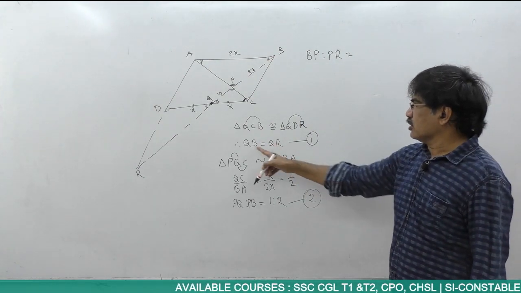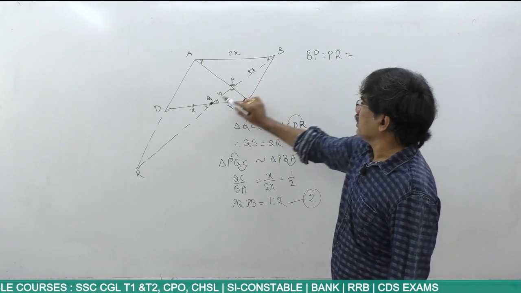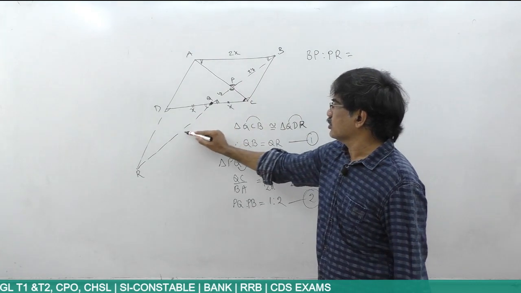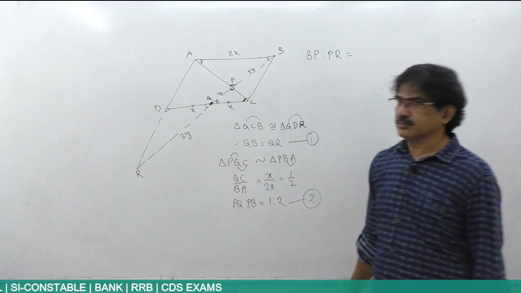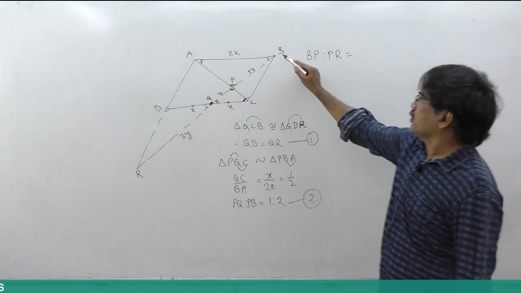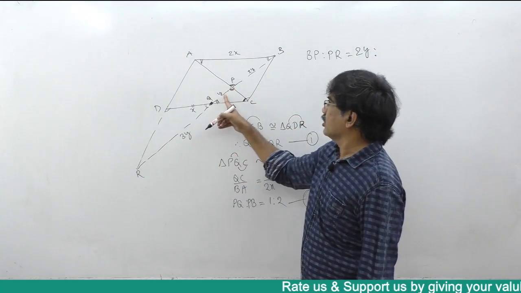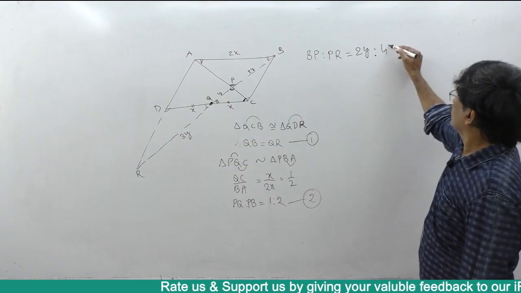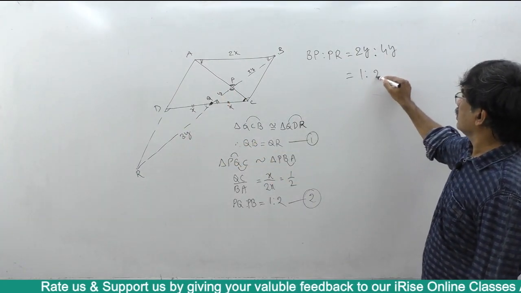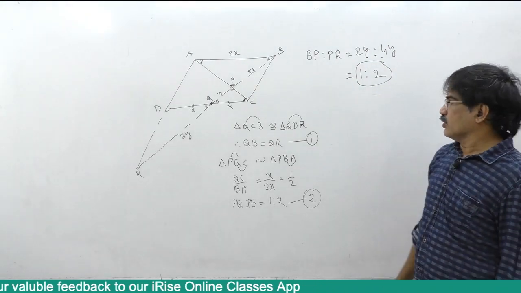According to the previous condition, QB is equal to QR. What is QB? Totally y plus 2y, 3y. So this is also 3y. Therefore, what is BP is to PR? BP 2y is to PR, y plus 3y, 4y. So the answer is 1:2. Here we have two concepts.